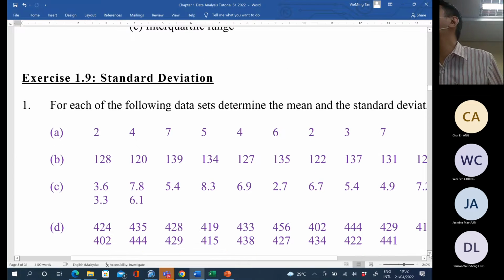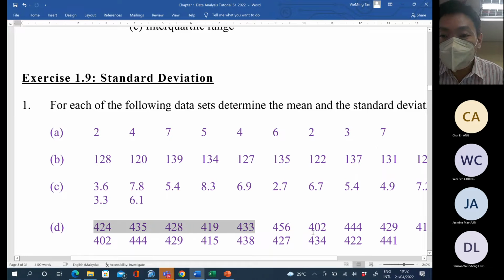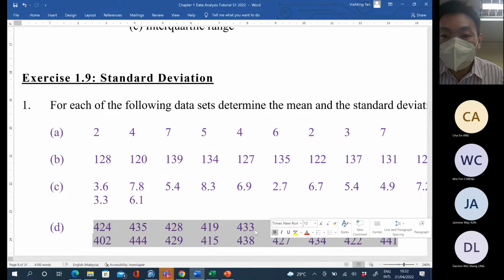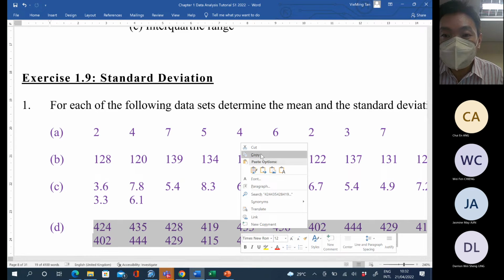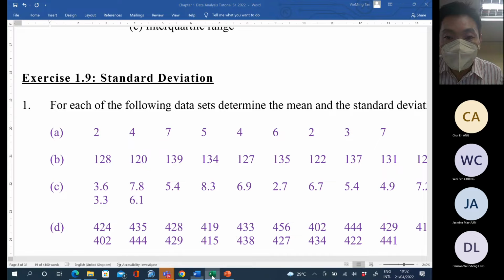Question D, just now. Okay, let's check. So I copy this data. Go to Excel.